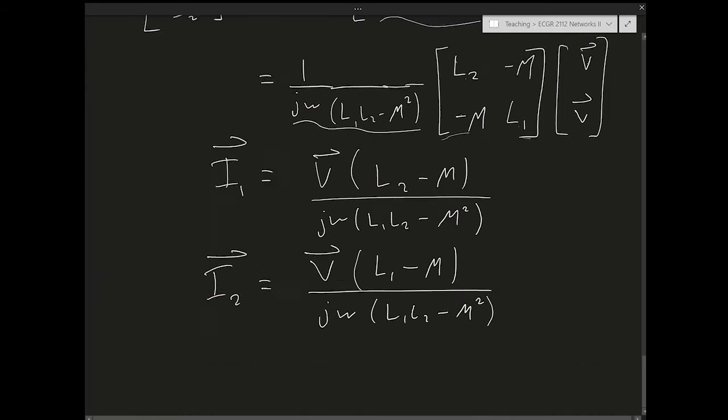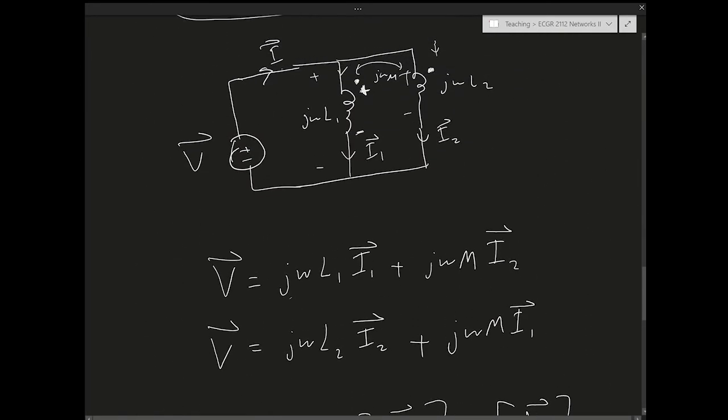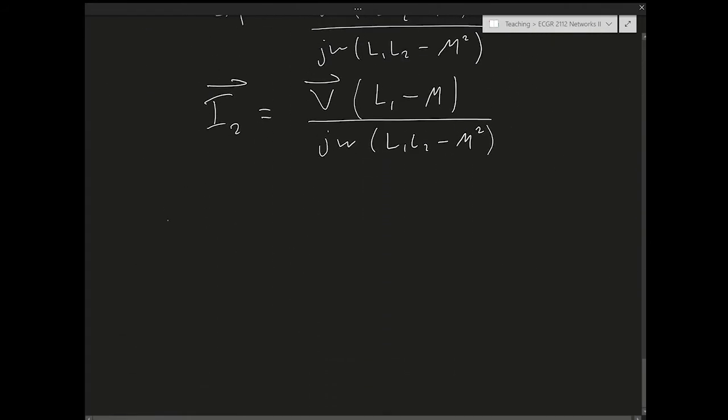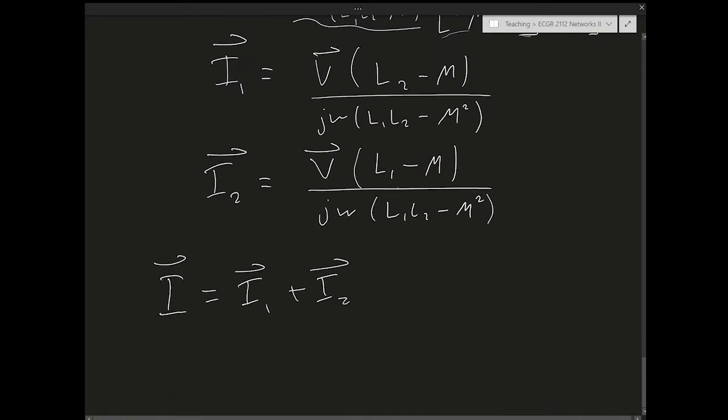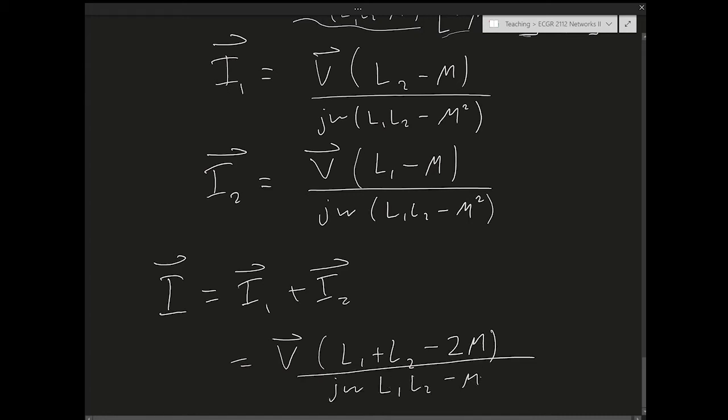Okay, what's the total current going into the circuit? The total current going into the circuit is just I1 plus I2. So all I need to do is sum those two terms up. I take V out as common factor, and then I have L2 minus M plus L1 minus M. So this becomes L1 plus L2 minus 2M over j omega (L1 L2 minus M squared).